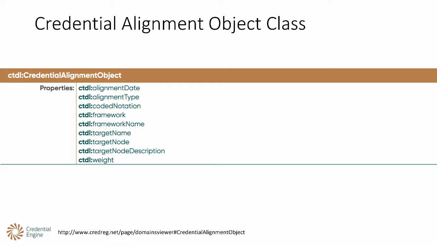So the O*NET occupations would be a framework, and then a single occupation within the O*NET ontology would be a node within that framework. So this captures the framework, an identifier to the actual framework, the framework name, and then a description of the node that's being mapped to. We'll look at examples here of how these work.